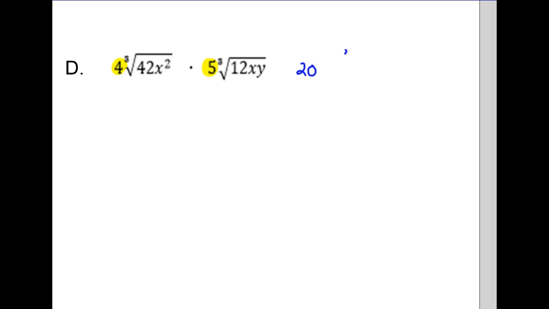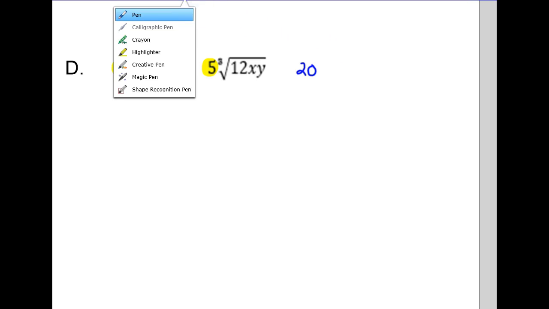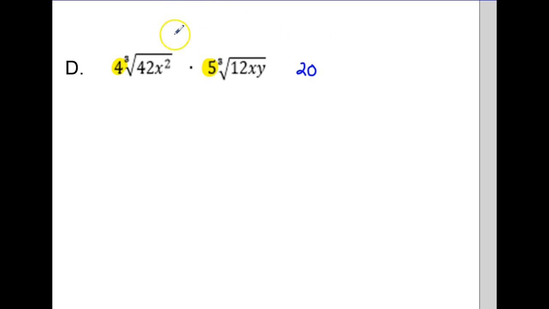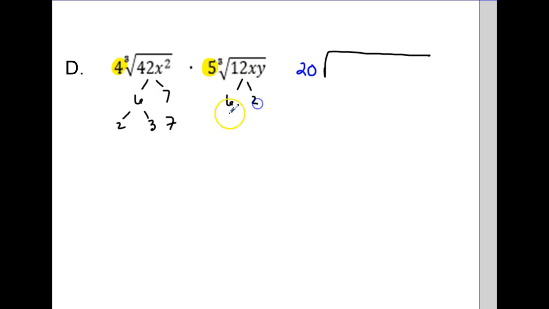And now I'm going to start factoring 42. I know 42 is 6 and 7, and I know I've got a 2 and a 3, and there's my 7. And I know 12 can be 6 and 2, which is a 3 and a 2.